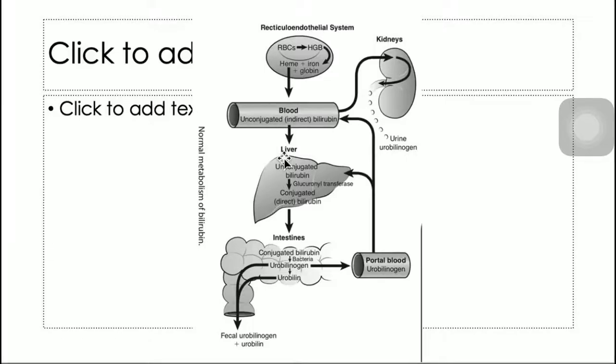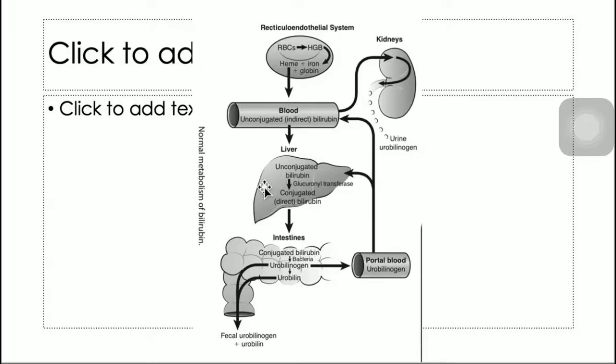And then in the liver, it will be taken up by your hepatocytes using the enzyme uridine diphosphate glucuronyl transferase or UDPGT. It will be conjugated to form your conjugated bilirubin, your bilirubin diglucuronide, no? Or your conjugated bilirubin.